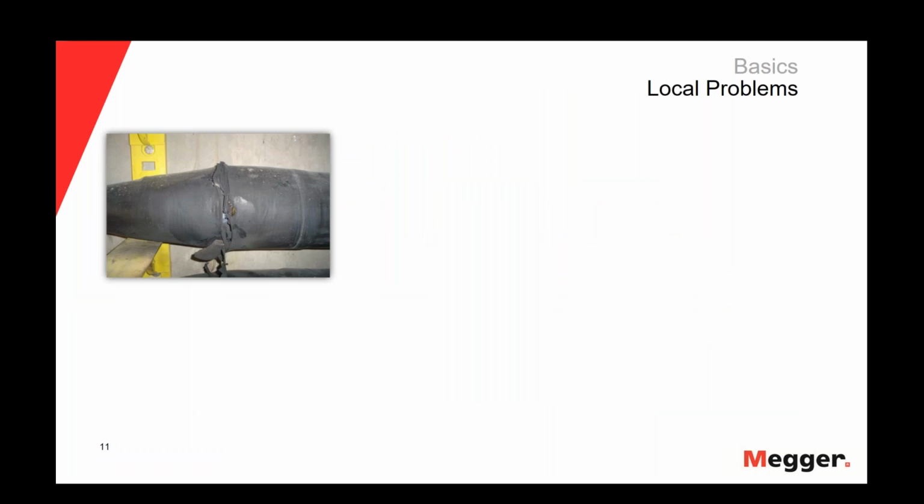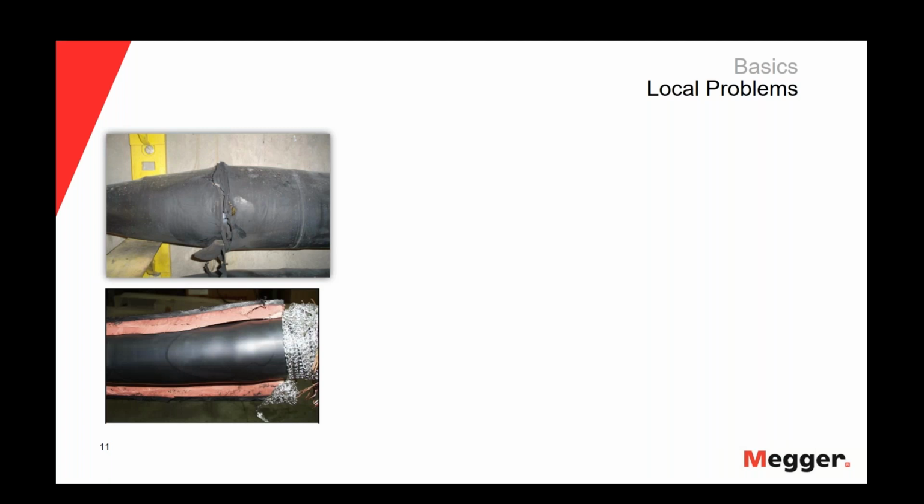Regarding local problems, some examples: in the first two pictures, we can see a high voltage splice that was badly assembled, and in the other picture we see a medium voltage joint. In this case, it's a heat shrink joint splice, and the person who did this splice didn't heat the splice uniformly, so they left a little air bubble inside of the splice.